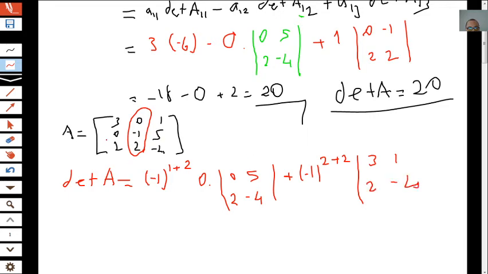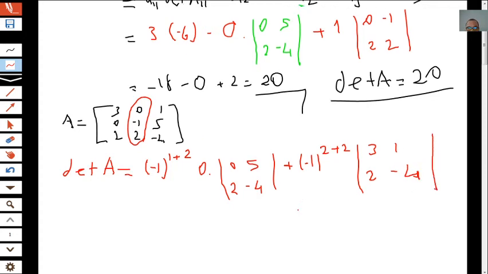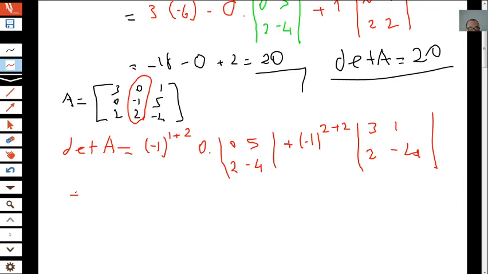Second column and second row, yes, it is true. Plus -1 to the power, it is in the third row, plus 2, and in the second column, times 2, and the remaining numbers by cancelling the second column and third row are 3, 1, 0, 5.